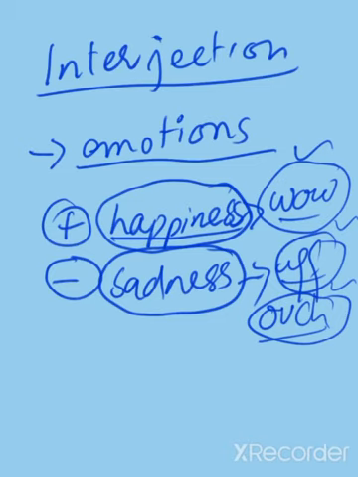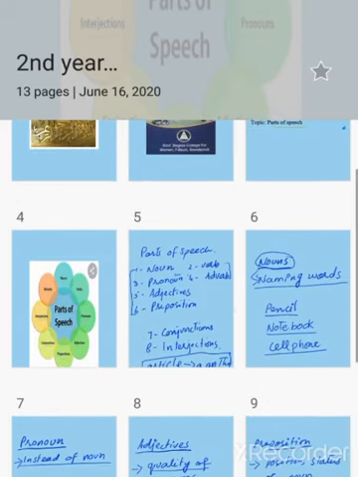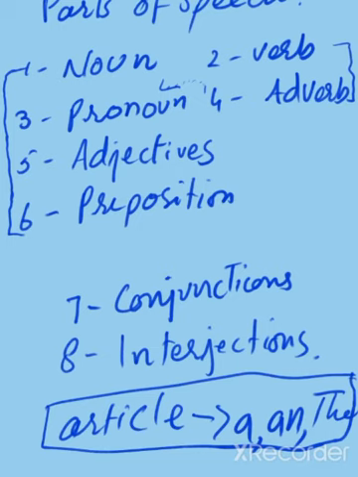Now girls, we have done almost all of the different parts of speech one by one. Now you have definitely seen why I have written on this slide, why I have made these families.